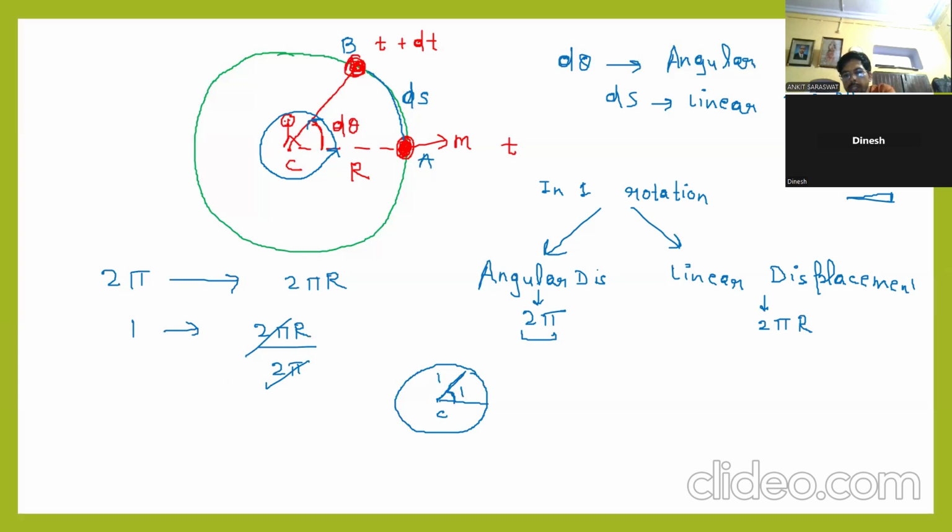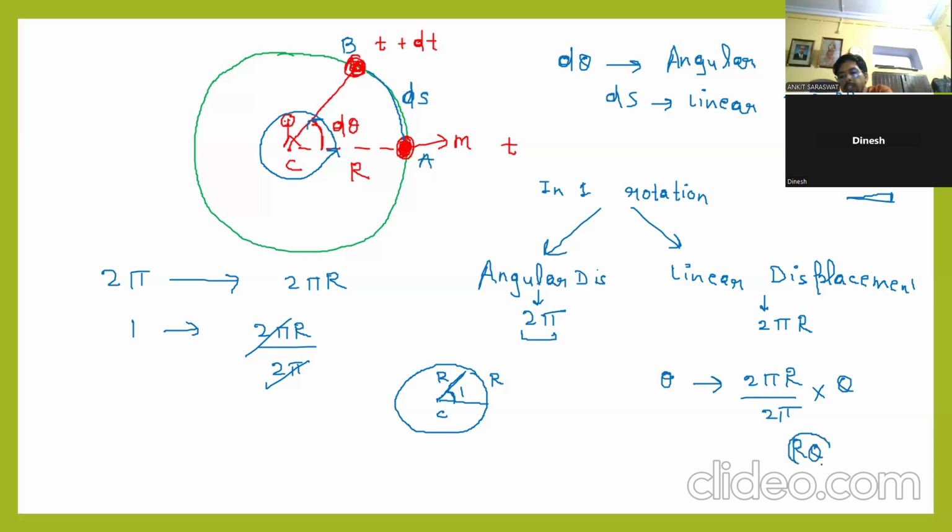Then this particle will travel a distance equal to the radius. That is the meaning. Is it clear or not? Yes, sir. So if in 2 pi it travels 2 pi r, and if I ask in theta, if it travels theta, then how much linear displacement? 2 pi r by 2 pi into theta, that is r theta.